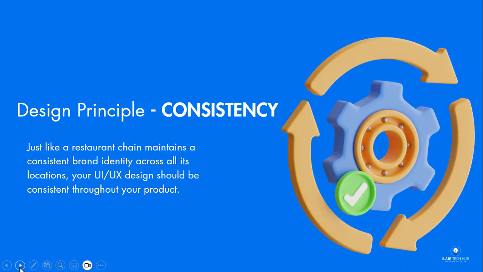Now, the fourth design principle is consistency. Just like a restaurant chain maintains a consistent brand identity across all its locations, your UI UX design should be consistent throughout your product. Imagine navigating a website where the buttons change color on every page.